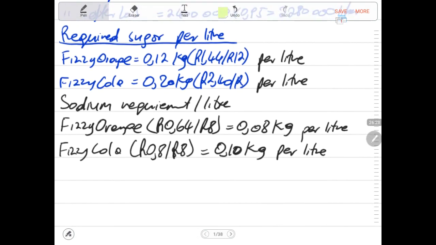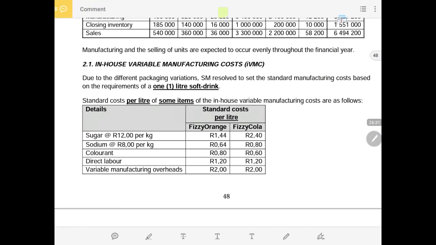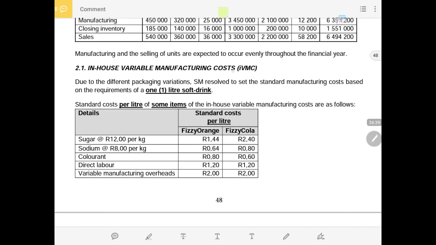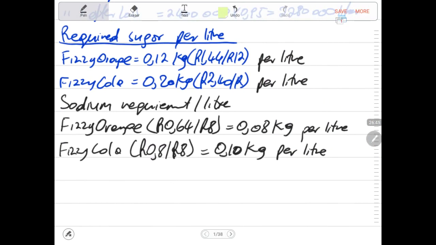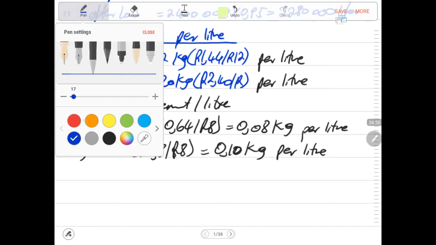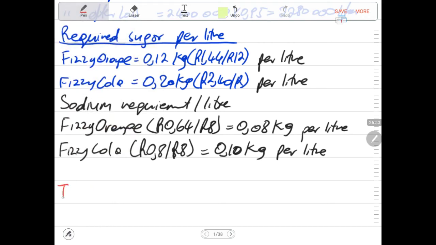So now that we are clear with that information, we can go further with our analysis. Then we have our in-house variable manufacturing cost, which are per liter. Now I need my in-house variable manufacturing overhead cost per unit.